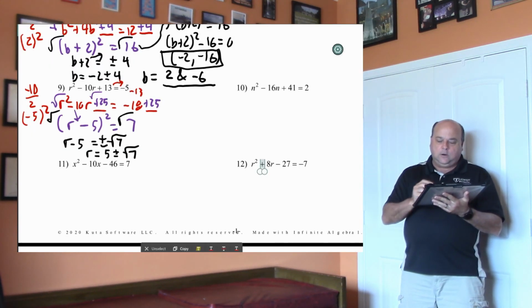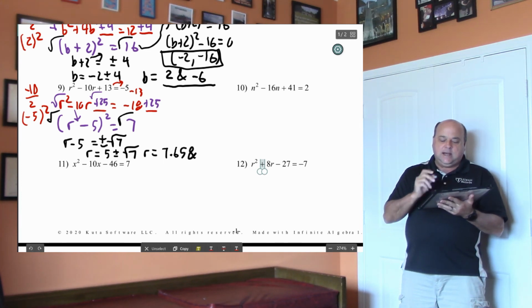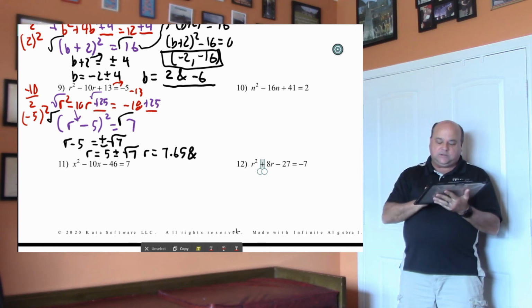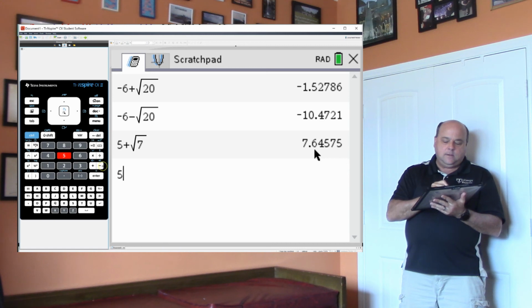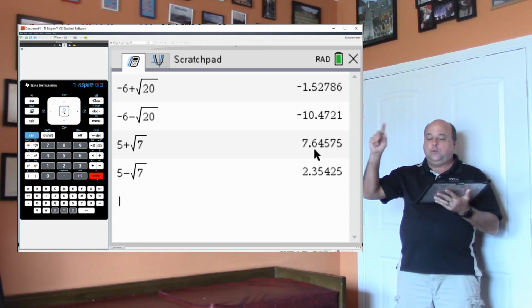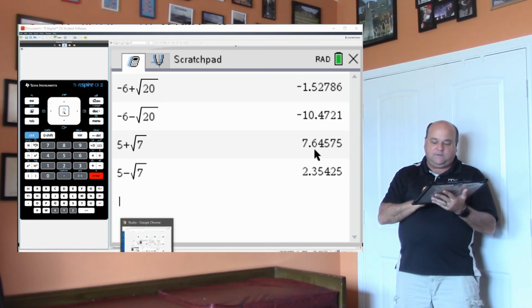So we're going to say r equals 7.65, and now we're going to do 5 minus the square root of 7. So I'm going to go to here, 5 minus the square root of 7, hit enter, and I get 2.35. The 5 won't go up to 6, will it? So 2.35.